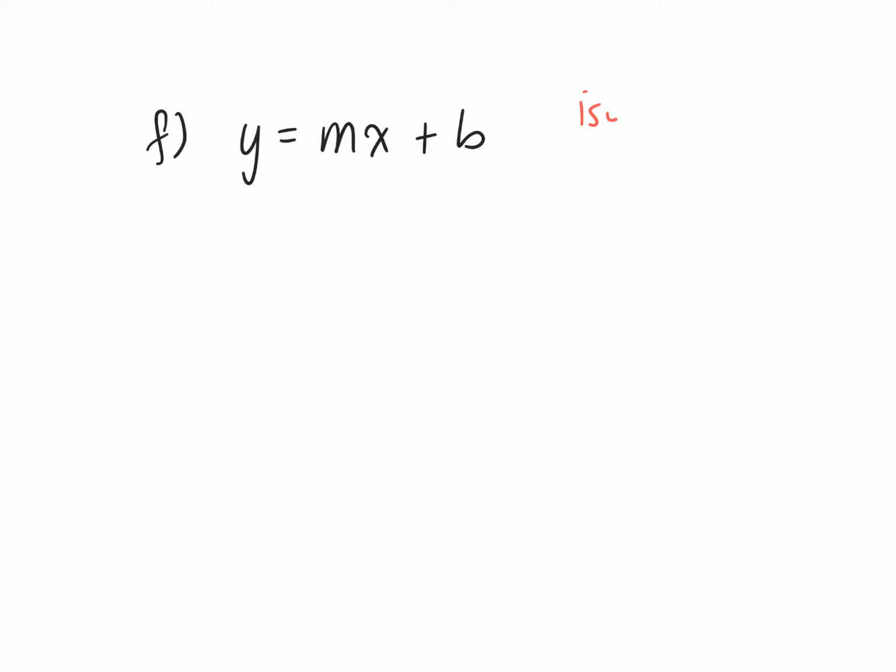Okay, this one says isolate, solve for X. Similar to the last one we just did, you have an M next to an X, but then you have a plus B. What's the first thing we should get rid of? Minus B? So I have to take away B here. So I have Y take away B equals, what am I left with?